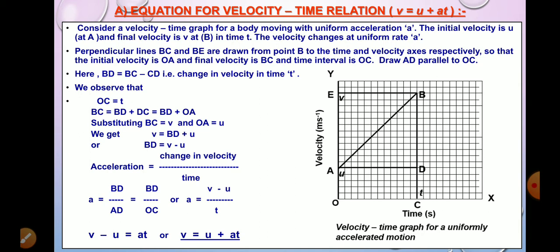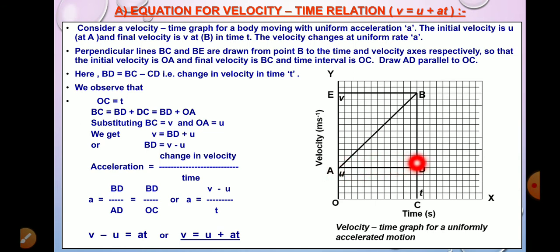From this graph you can see that the initial velocity of the object is u, at point A, and then it increases to v, which you can see at point B. The time taken is t.